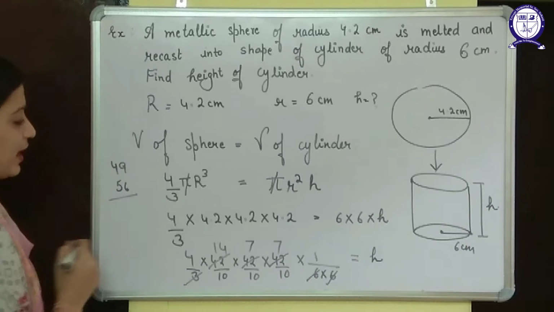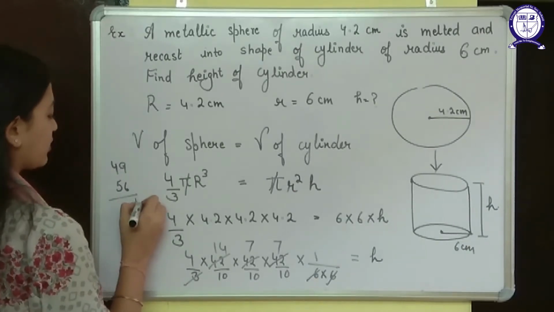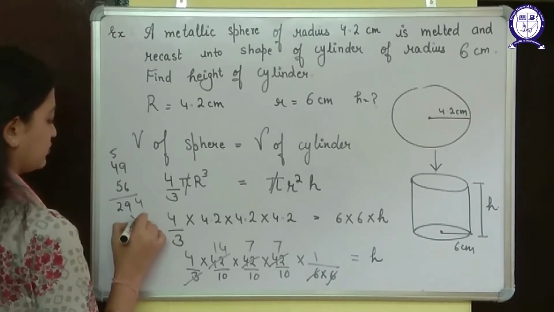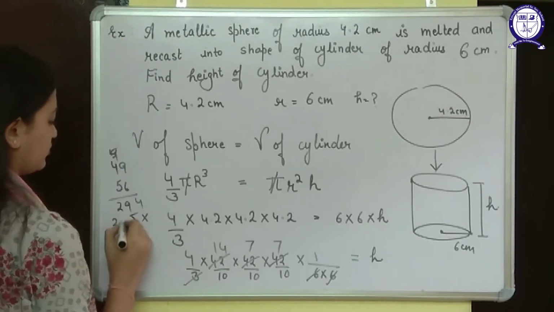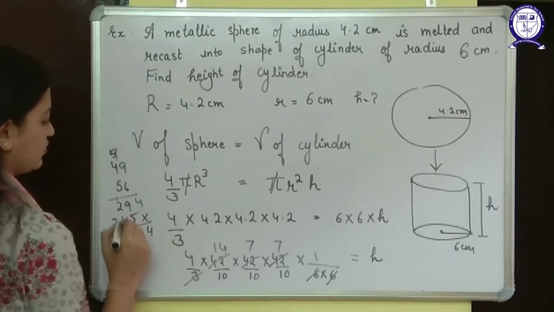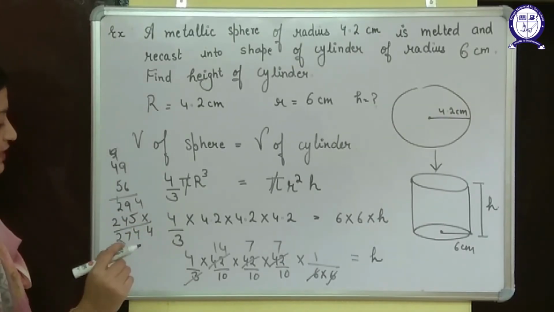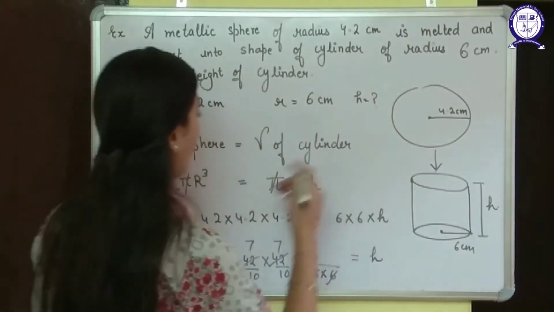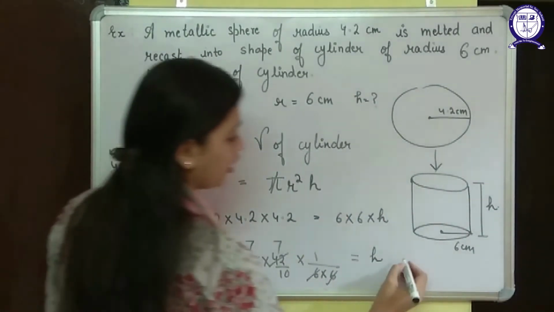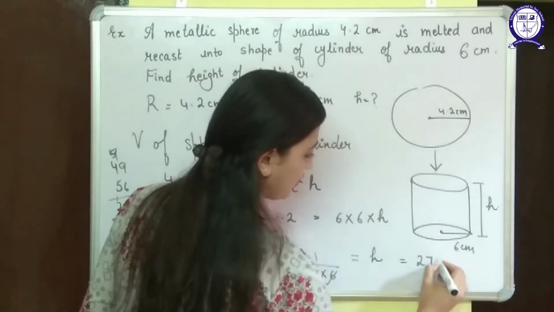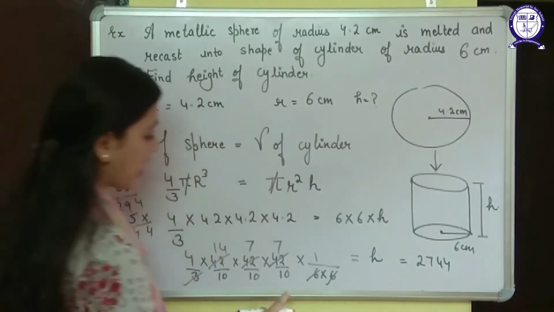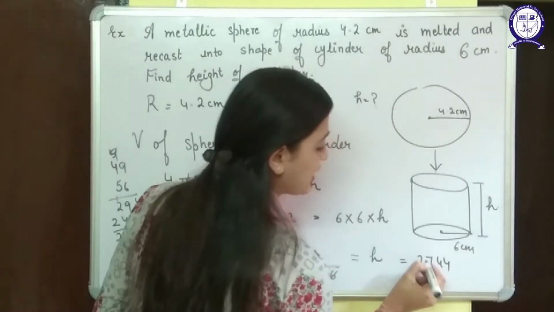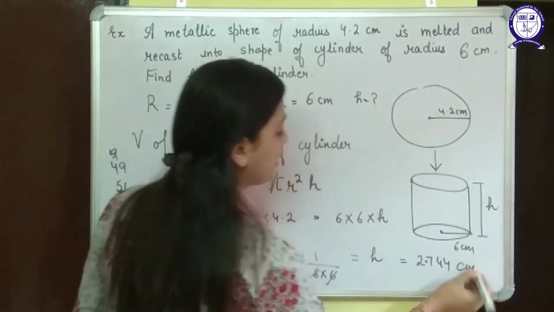So I need to multiply it. This is my 2744. So my height will be 2744, and since I have 3 zeros in the denominator, it will be 2.744 centimeter.